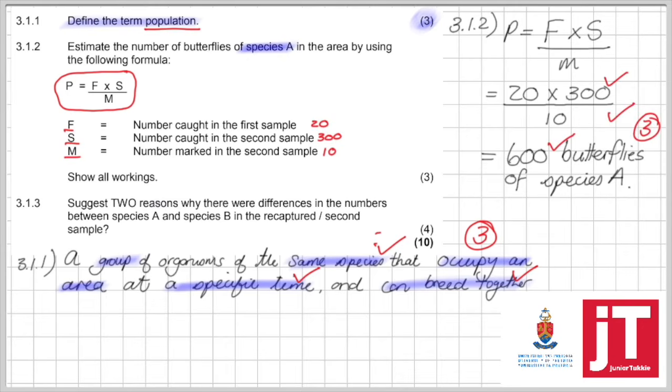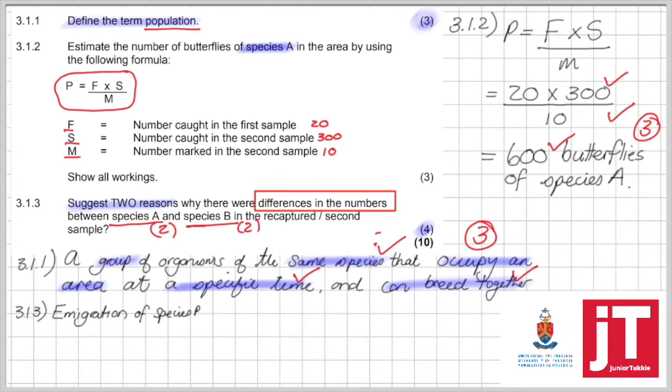Question 3.1.3 asks us to suggest two reasons why there were differences in the numbers between species A and B in the recaptured, or second, sample. Here we can discuss immigration of species B or immigration of species A. In other words, the numbers may have been impacted by either individuals of one species leaving or individuals of a species joining the population group.